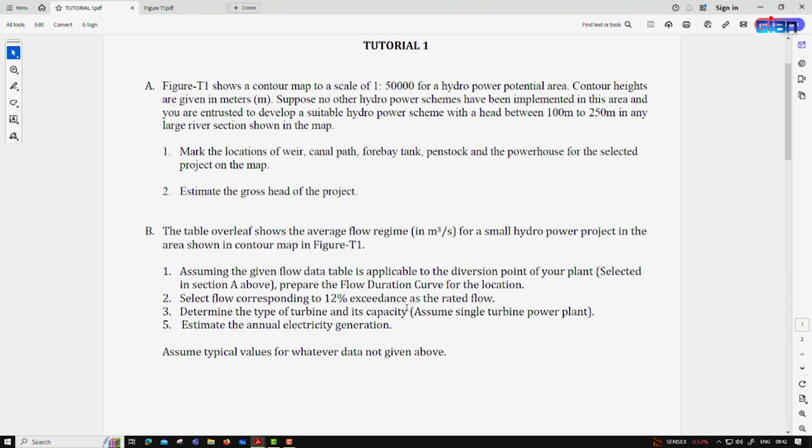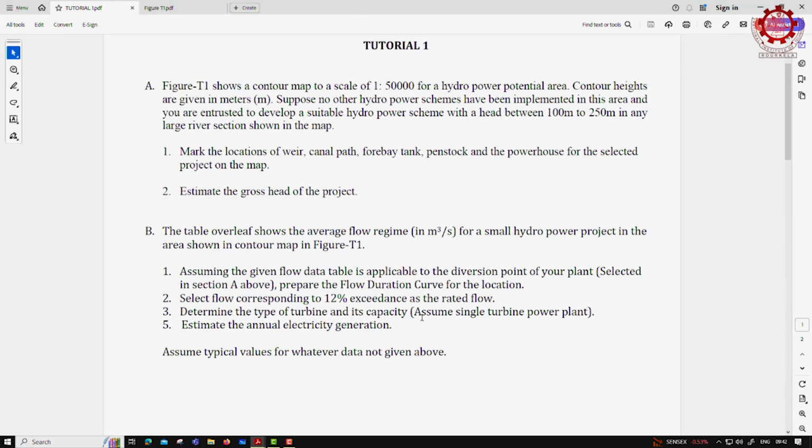Determine the type of turbine and its capacity. I think you remember that we referred to a turbine selection chart. So, you can refer to a turbine selection chart. If the video is not clear, you can search on the internet for small hydro or mini hydro turbine selection charts. Similar charts will come up in the images gallery.